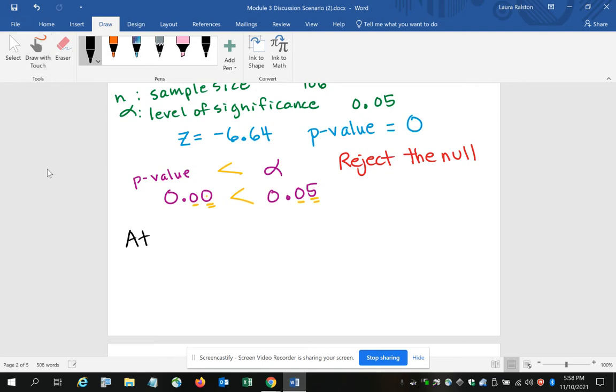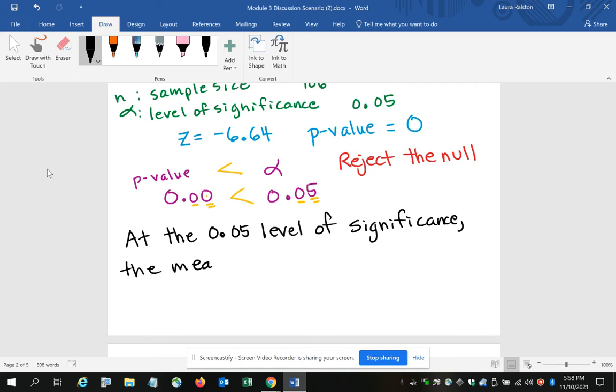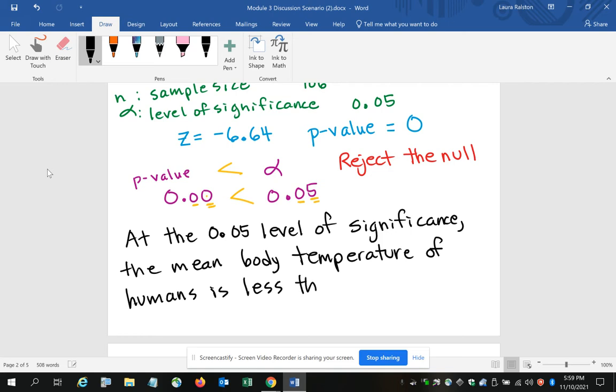And we say, at the 0.05 level of significance, you always include the level of significance, the mean body temperature of humans is less than 98.6 degrees Fahrenheit.